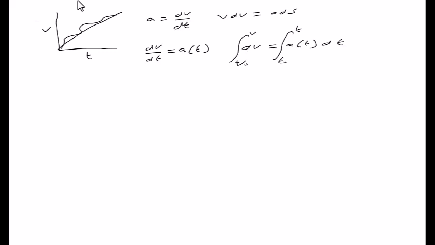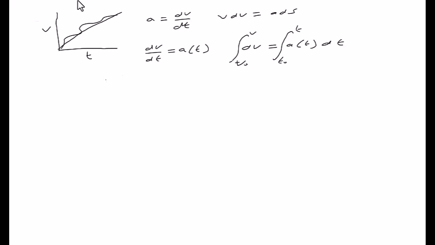The integral of dv is just v, and the integral of a of t dt, but a is a function of time, we leave as an integral because we need to know the exact form of that function, and that depends on the individual circumstances that we're looking at.